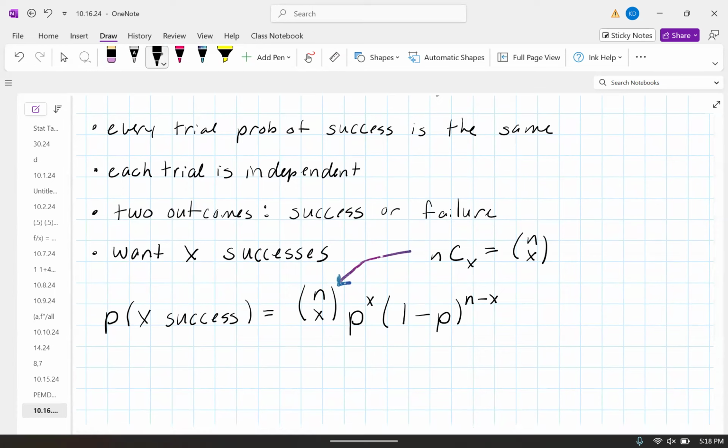That is our combinations, N choose X or N choose R is what we were calling it before. So that's why I don't like that they changed their notation, because this is slick, it's nicer. So remember this equation.